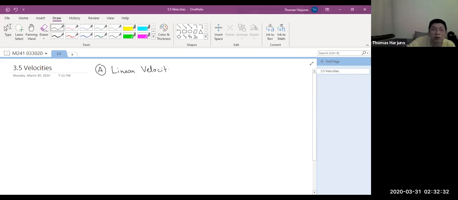Linear velocity, and then angular velocity.